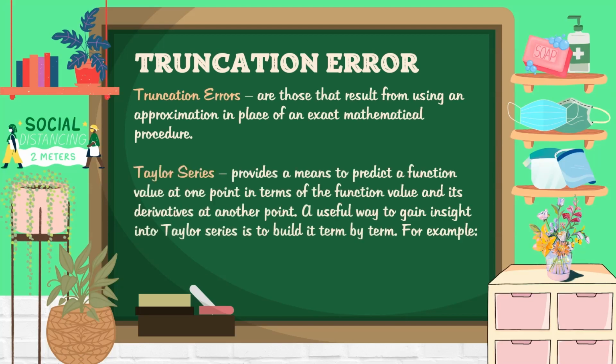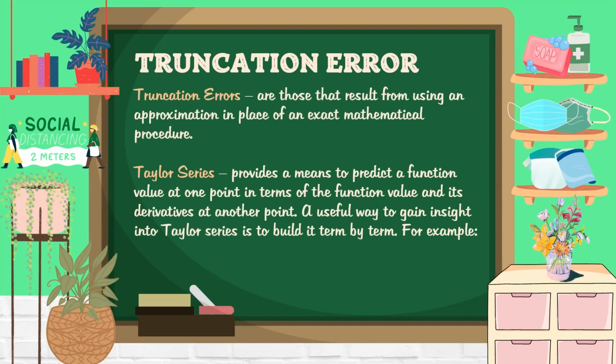Taylor series provides a means to predict a function value at one point in terms of a function value and its derivatives at another point. In particular, the theorem states that any smooth function can be approximated as a polynomial.